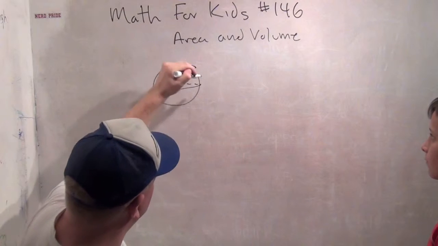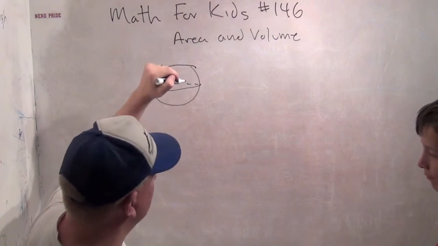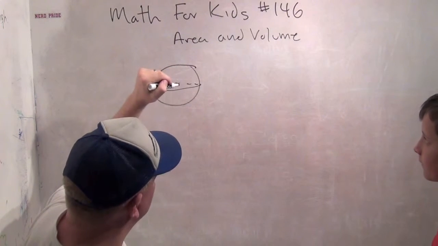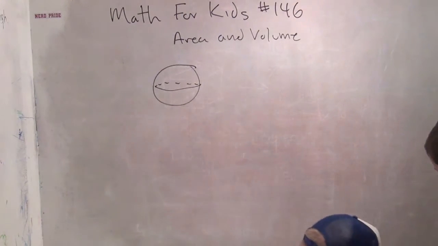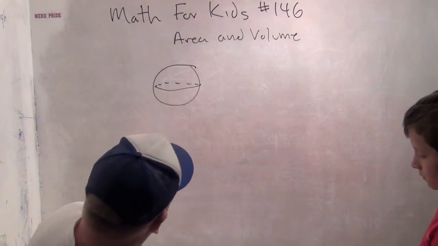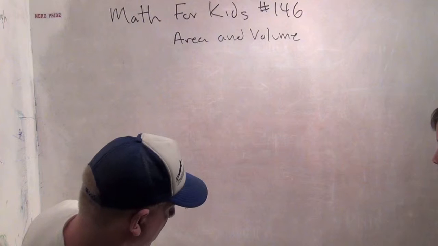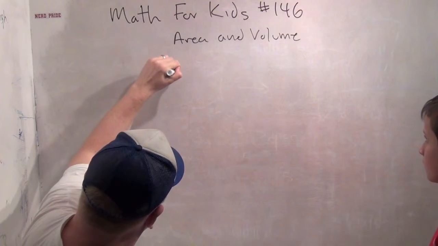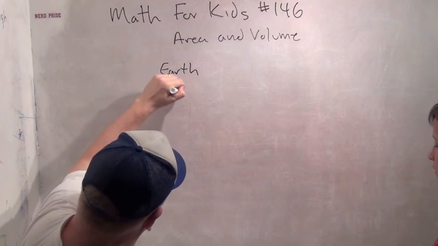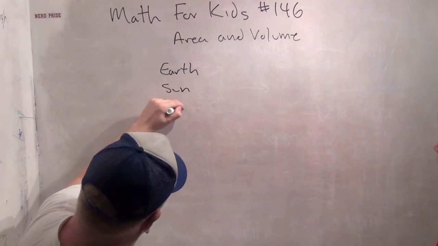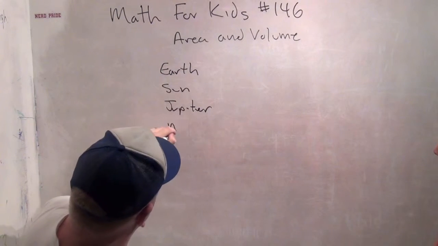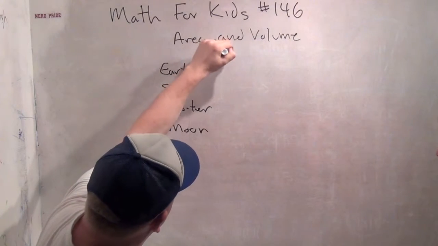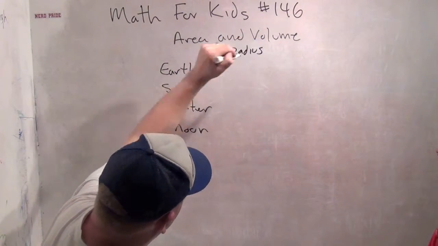And I thought it might be fun to talk about the planets and the sun so you could see how much bigger they are. So we went online and found the radius in kilometers.